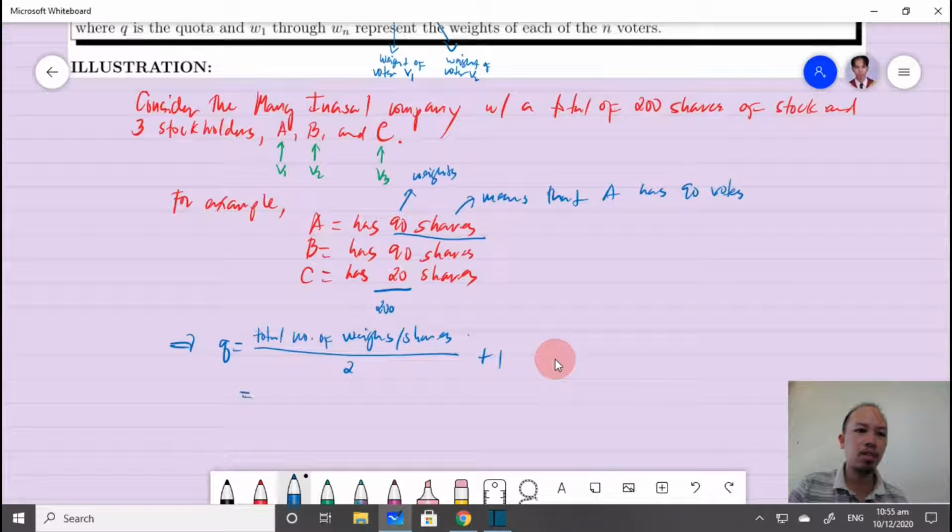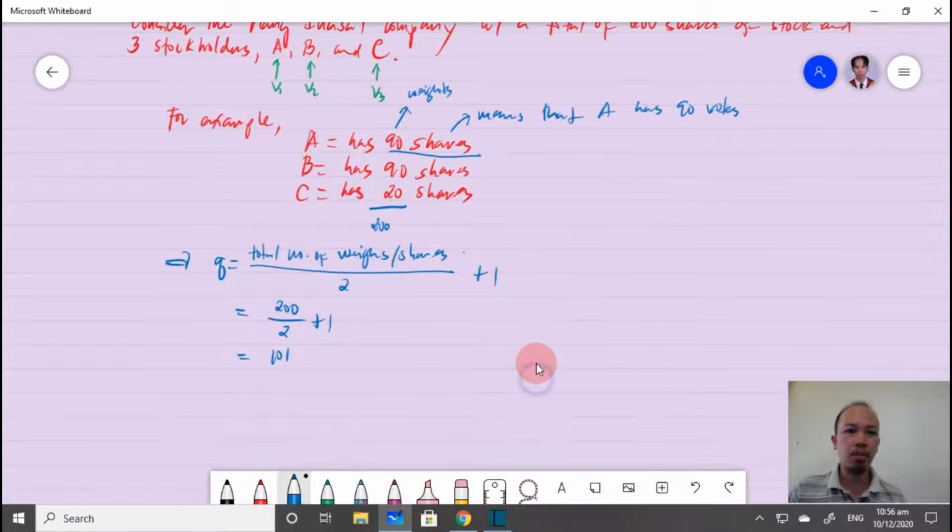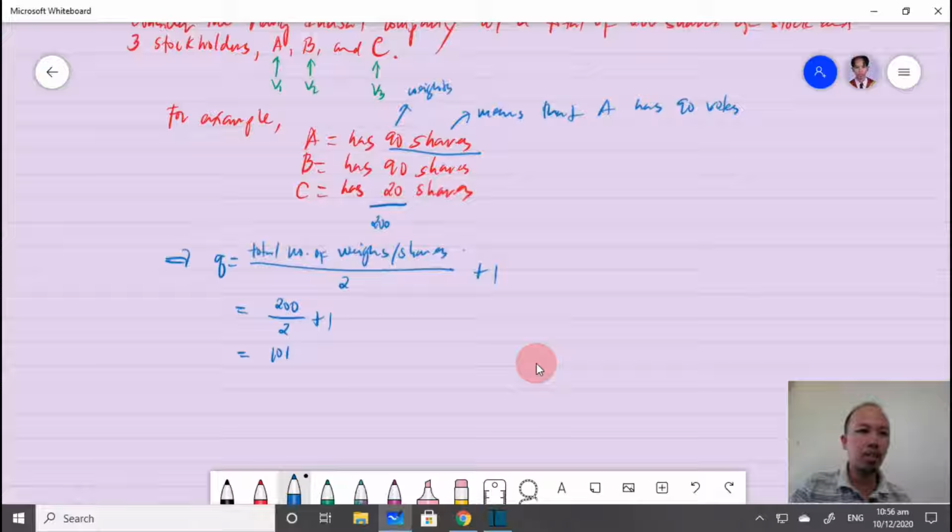So this is 200 divided by 2, plus 1, and the answer is 101. So that's our Q. This implies that our weighted voting system is given by this one Q.